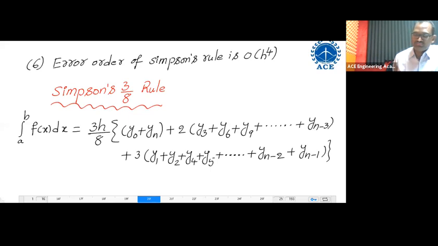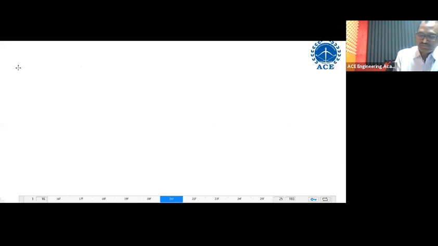Note. Remember, in the trapezoidal rule, the curve is replaced by a straight line. In Simpson's rule, the curve is replaced by a parabola. In Simpson's 3/8 rule, the curve is replaced by a cubic polynomial.